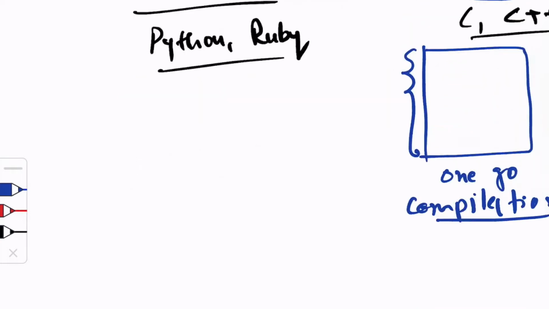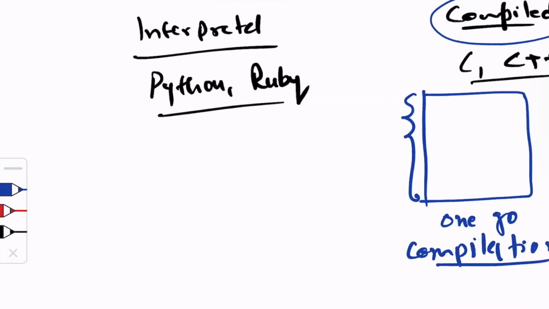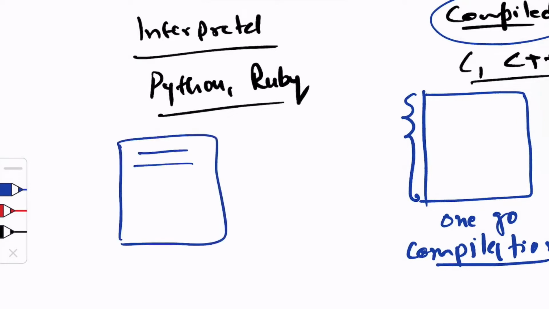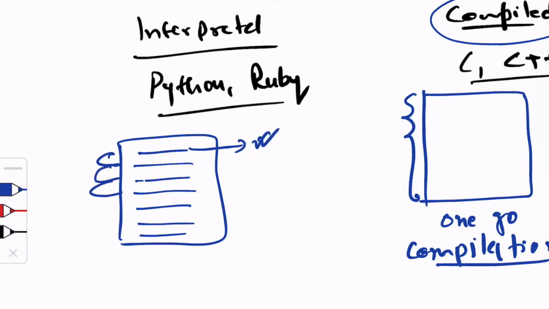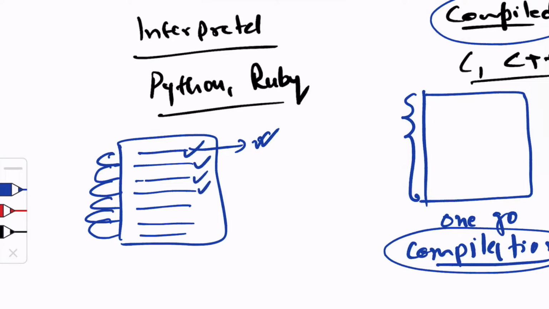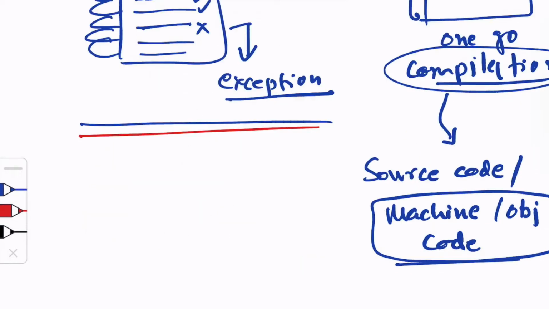But in case of an interpreted language, you have written code with various lines, and each line is getting executed separately, one by one, by the interpreter. If you have any syntactic error, it will run the first line, second line, third line, fourth line, and if the fifth line has a syntax error, it will throw an error over there, an exception. It will throw an exception and stop executing from there.